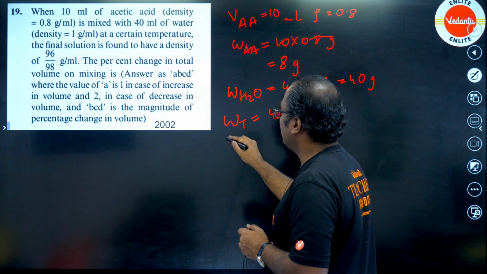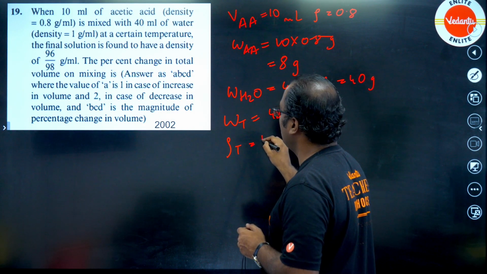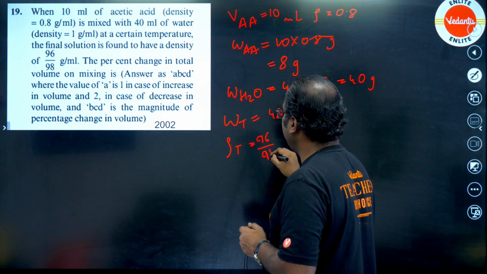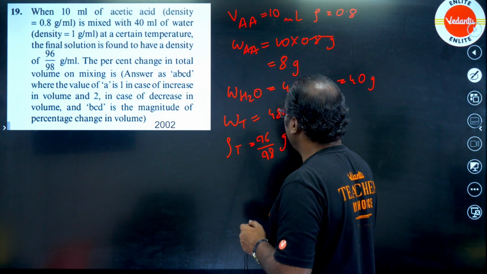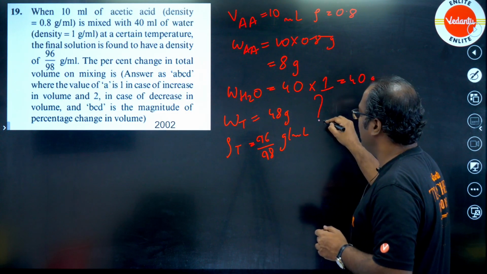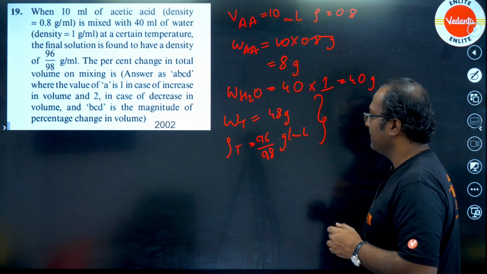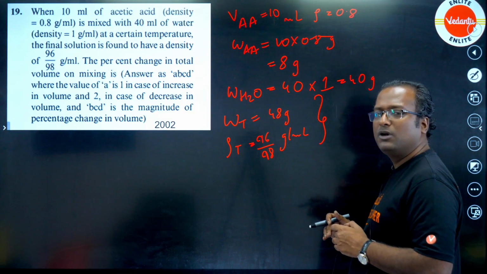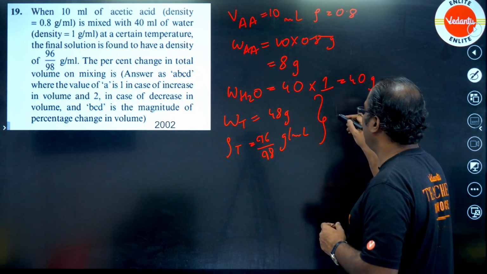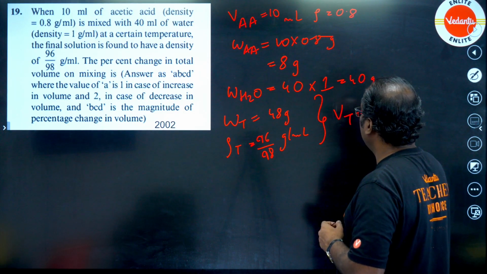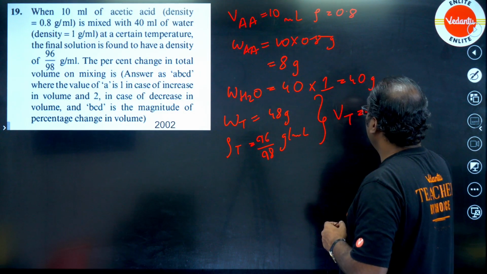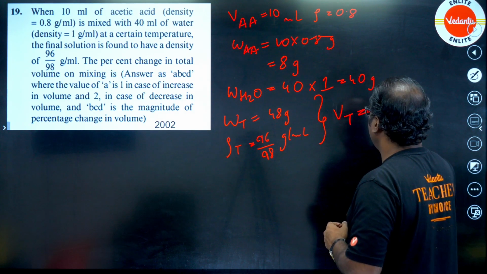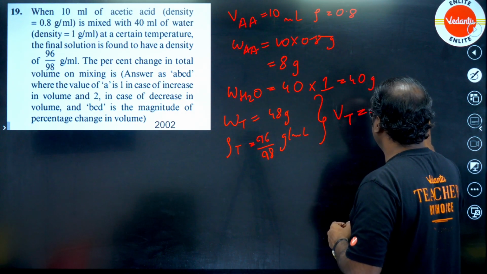The final solution's density is given to us as 96/98 gram per ml. We know the final weight, we know the final density. So from here we can find the volume. Density equals mass upon volume. So volume equals mass upon the density. So the final volume becomes equal to weight upon the density, 48 divided by 96/98.